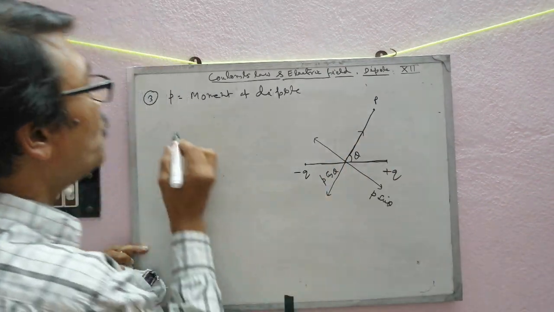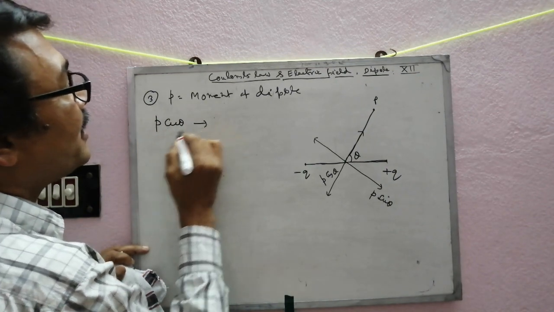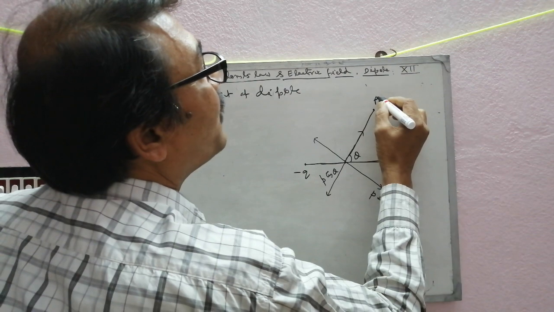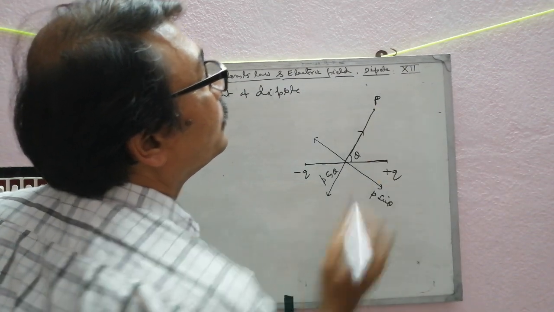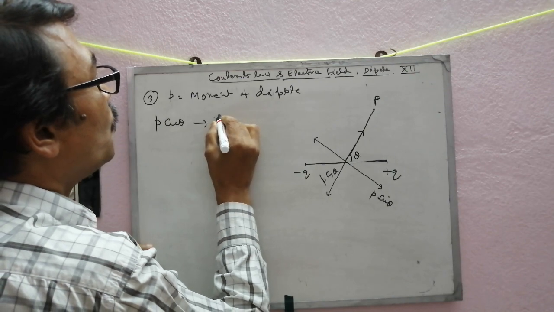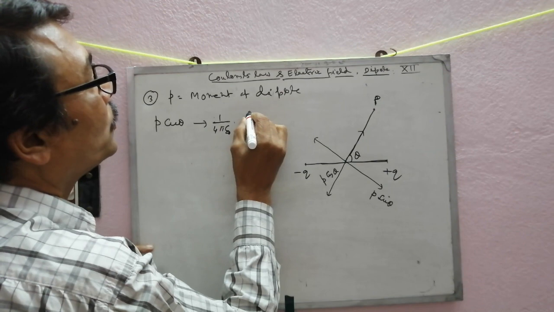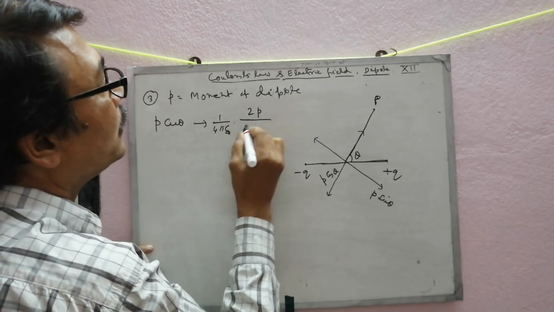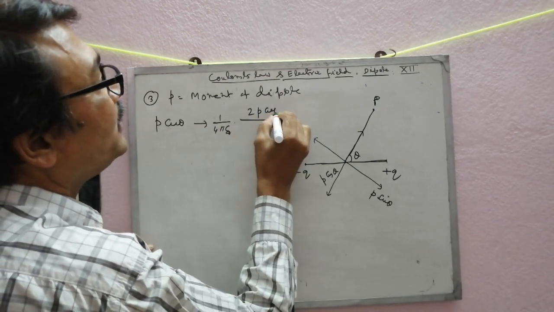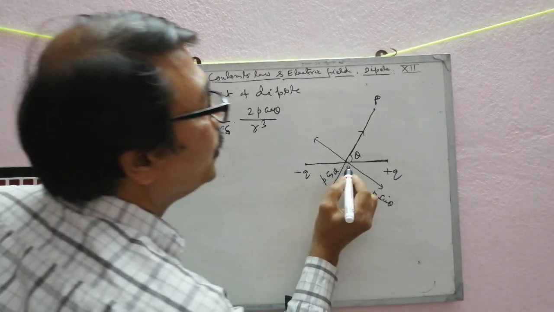So due to P cos theta, the electric field at P is 1 by 4 pi epsilon naught, 2P cos theta by r cube.